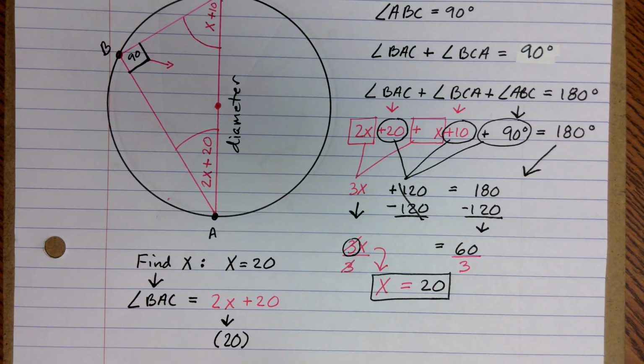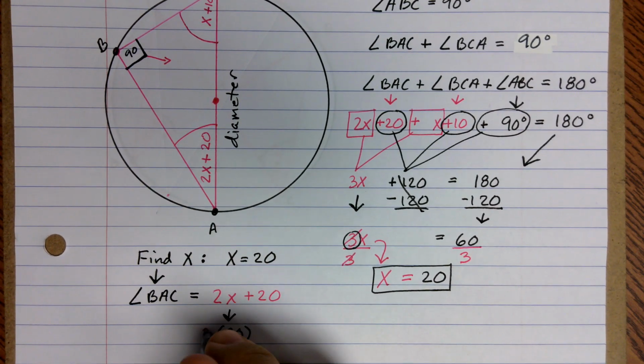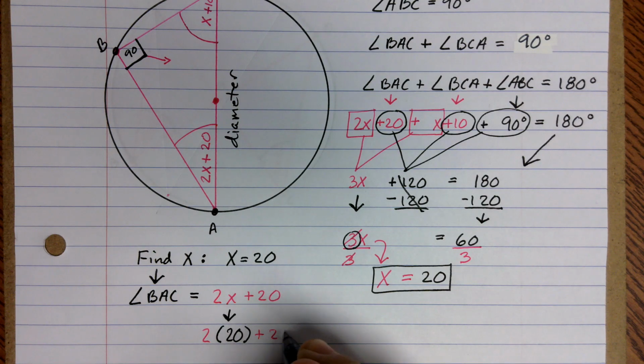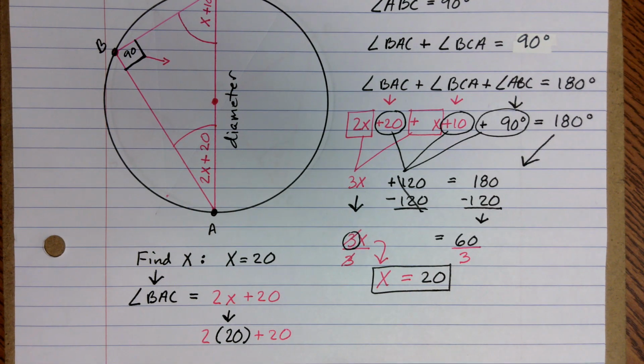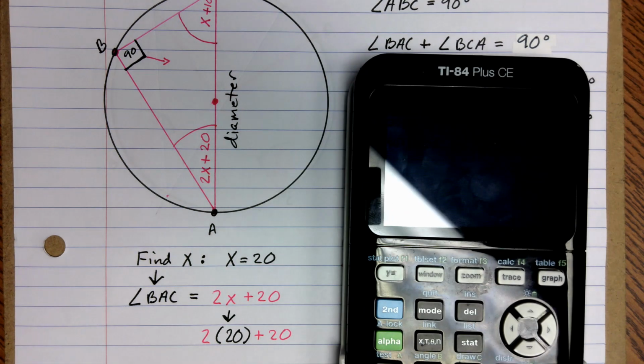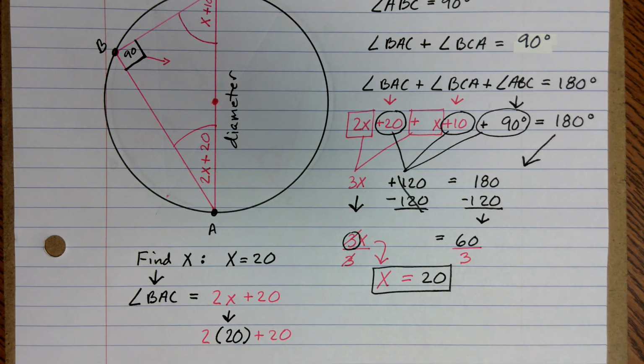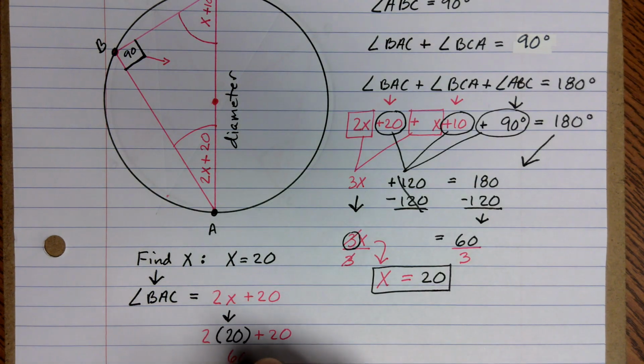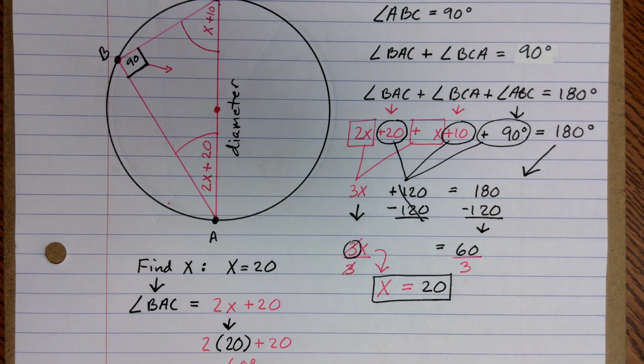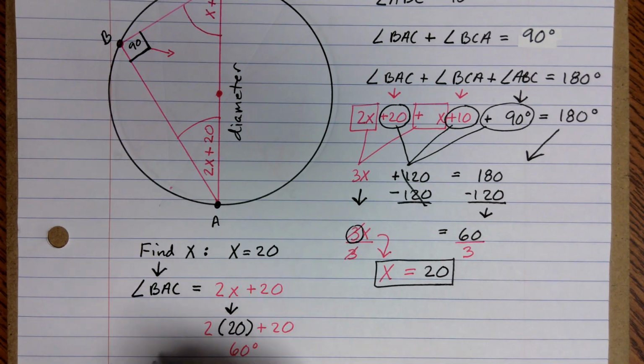So what you really have here is 2 times 20 plus 20. And if I were to put that in my calculator, 2 parentheses 20 plus 20 gives me 60. So that is 60 degrees. So we can say that the measure of angle BAC is equal to 60 degrees.